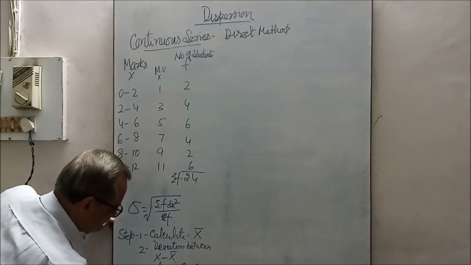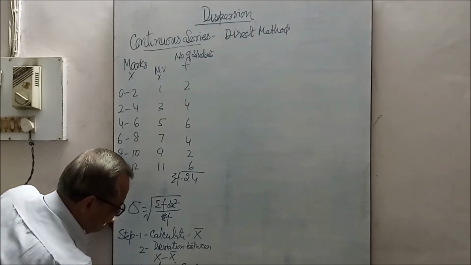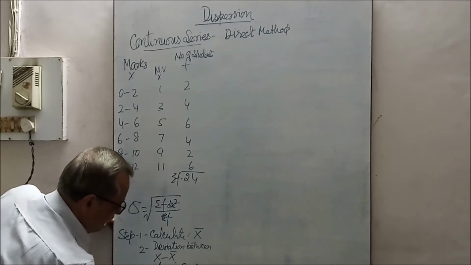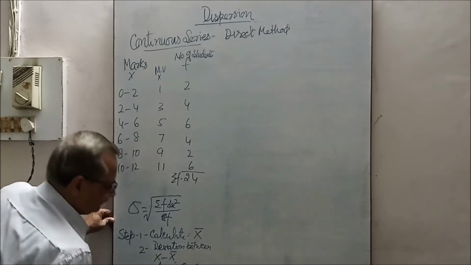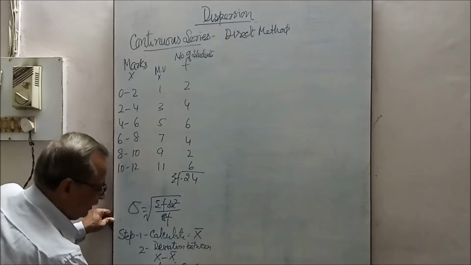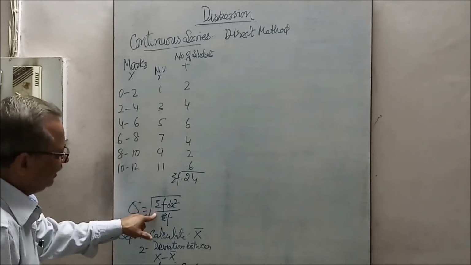And fourth is to multiply dx square into f, and then we will get f dx square.